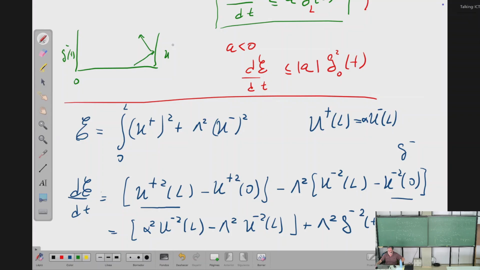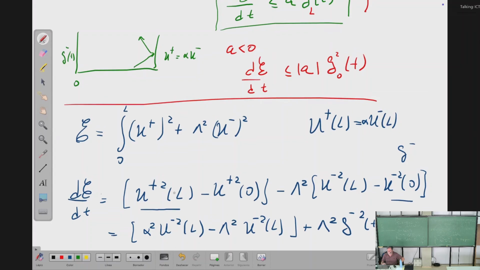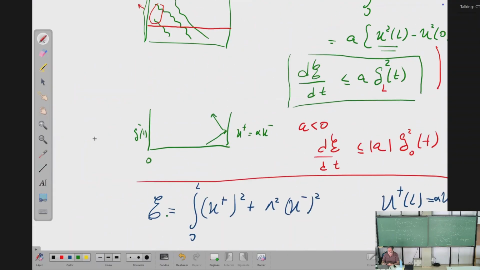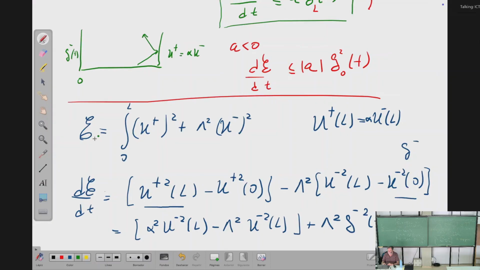So here we are given u plus, the incoming, equal to alpha u minus, which is the outgoing. So you see what we need here to have stability is to choose, I cannot go further.